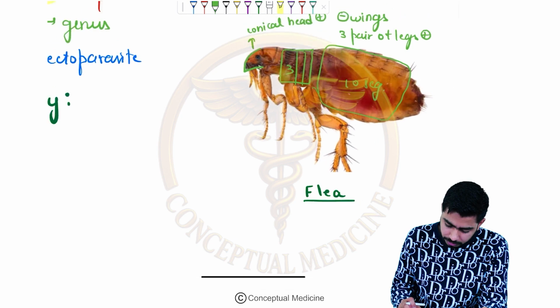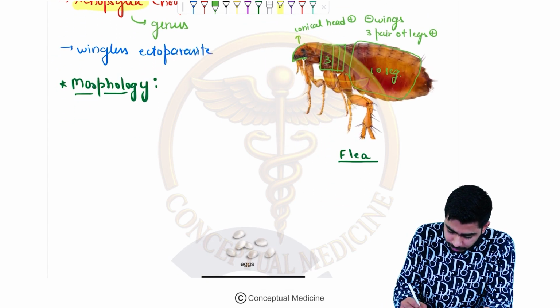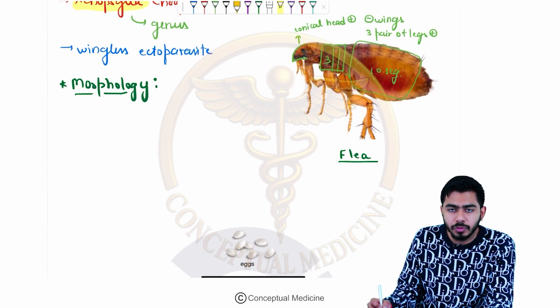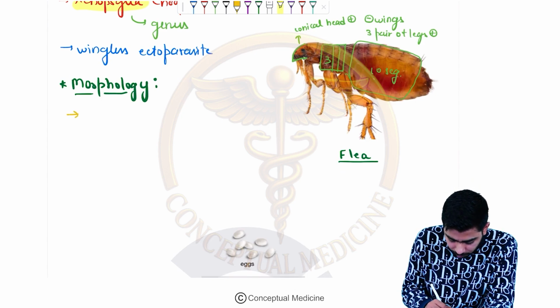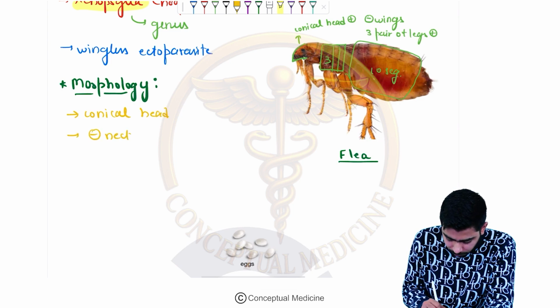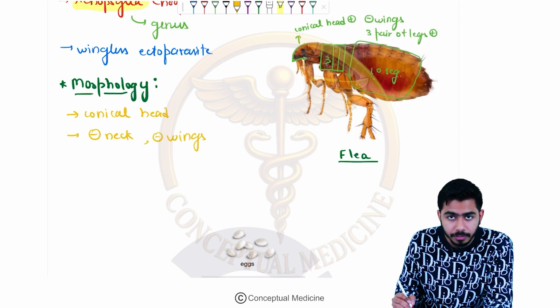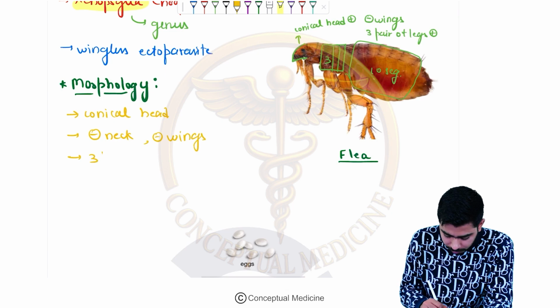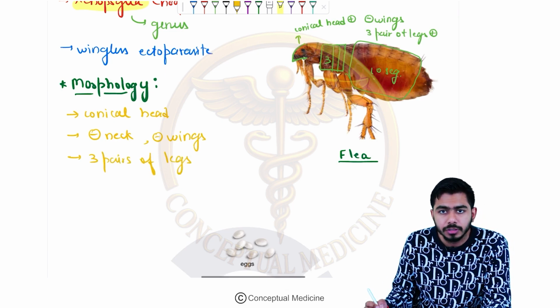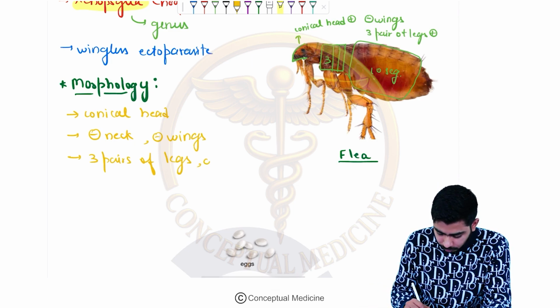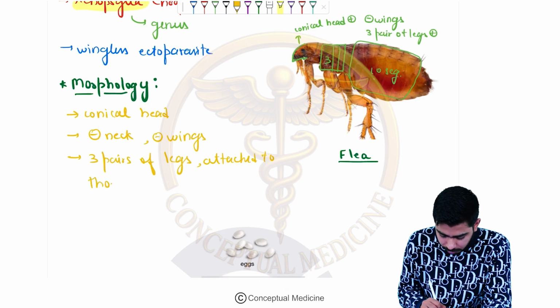So what I can write in the morphology part is that, as far as morphology is concerned, it has a conical head. There is absence of neck and absence of wings. 3 pairs of legs are present, which are attached to its thorax.